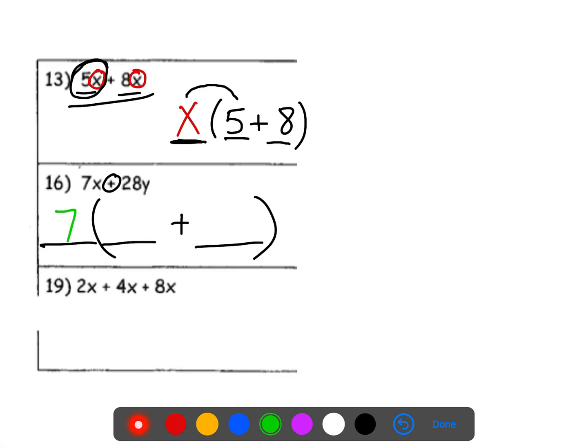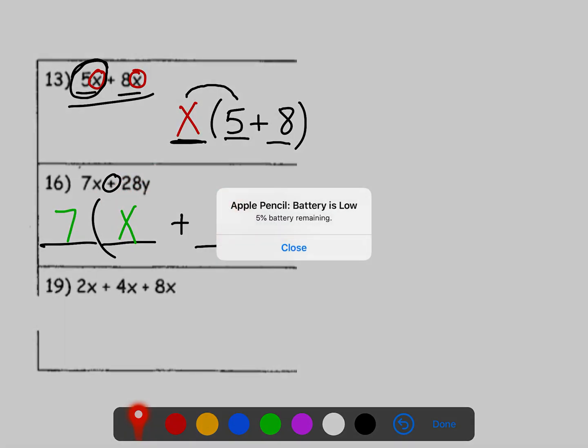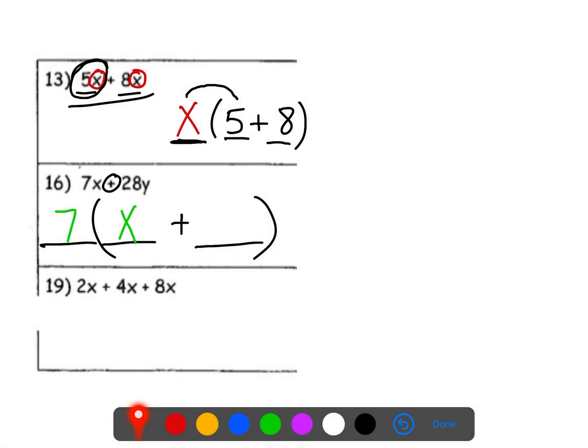So in here, in the parentheses, I would write 1x, or just x would be best. Now I have to get 28y. 7 times another factor is going to give me 28y. Well, 7 times 4 is 28, and I just need that variable there in order to get my term of 28y.